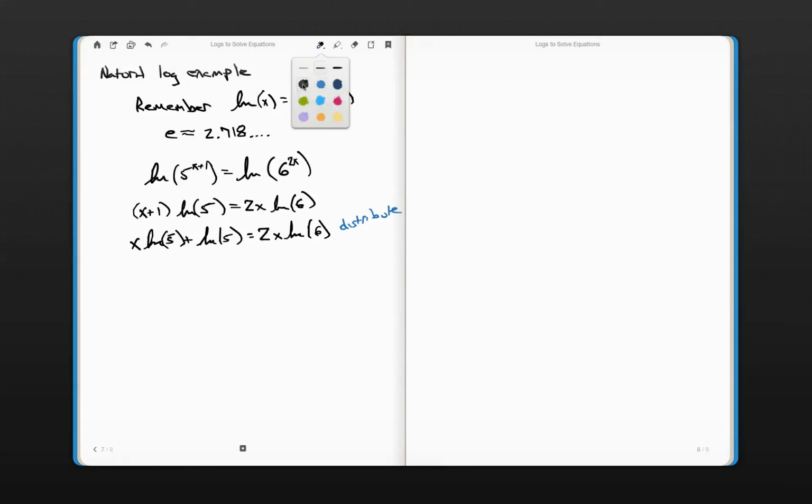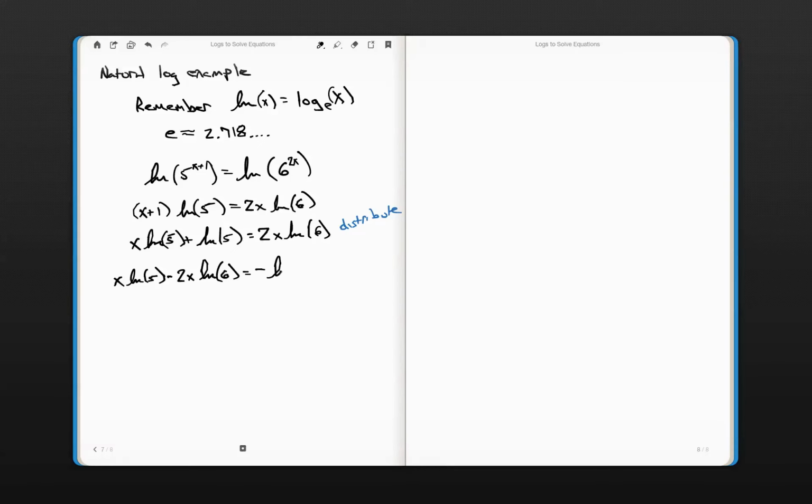Okay. Now I've got an x here and I've got an x here. They're both mixed up in these ugly looking things. I'm going to collect all the things over here that have x's. So I'm going to say that x times the natural log of 5 minus 2x times the natural log of 6 equals, the only thing that doesn't have an x is this.